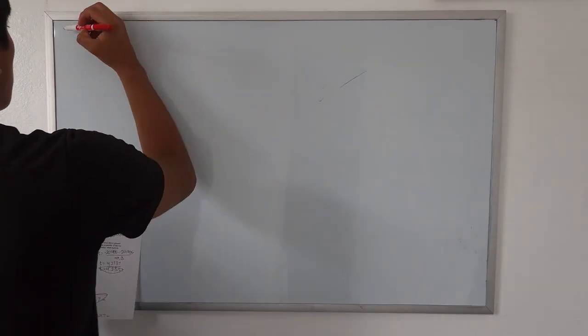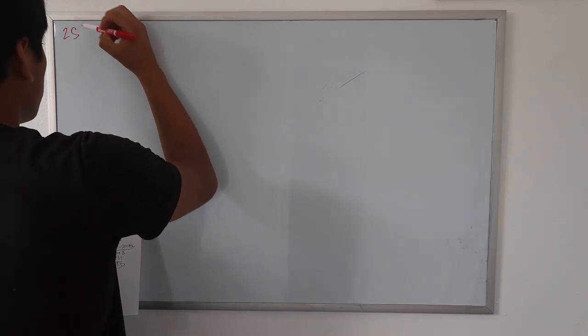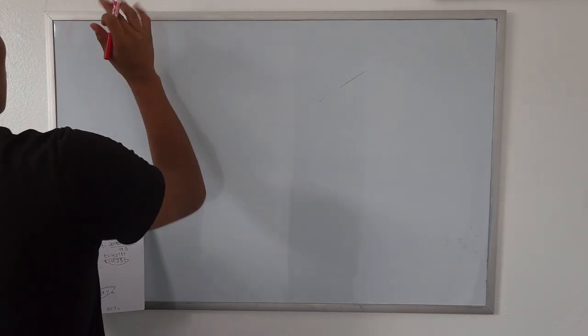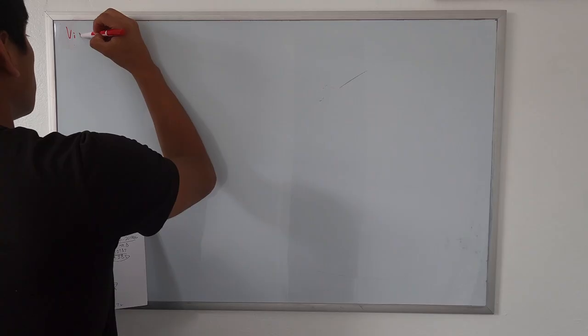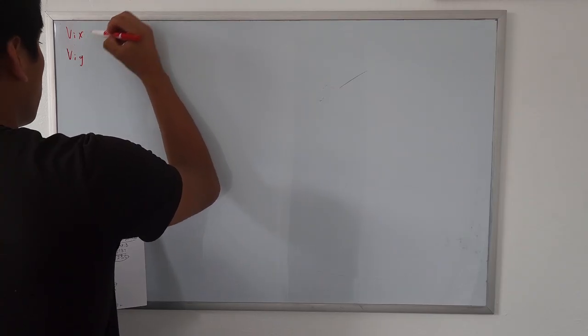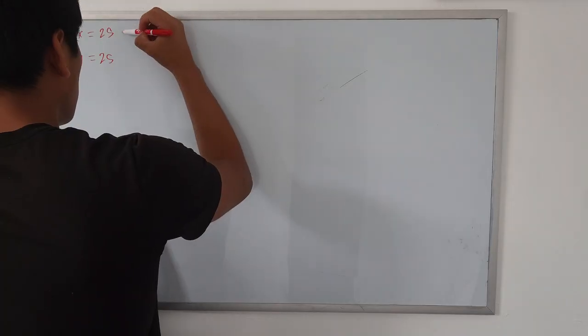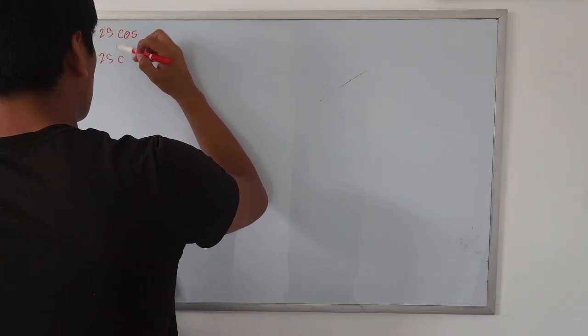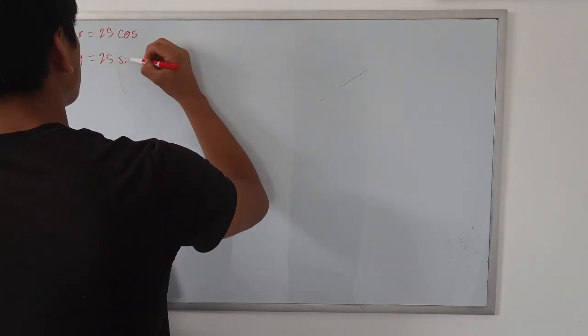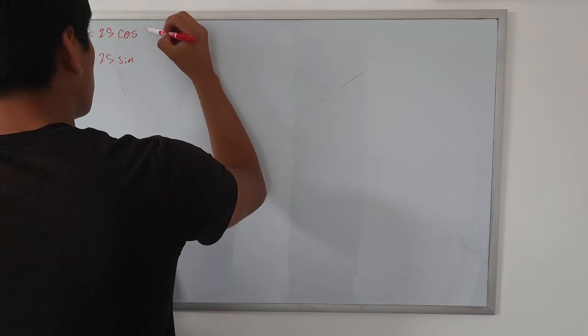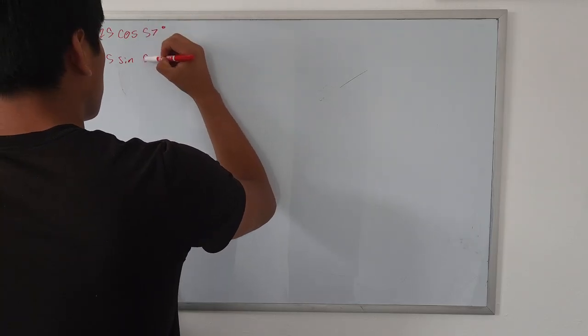So the first thing I'm going to do is break apart the velocity. Velocity in the x and velocity in the y is equal to 25, this one is cosine, this one is sine, and then it's 57 degrees.